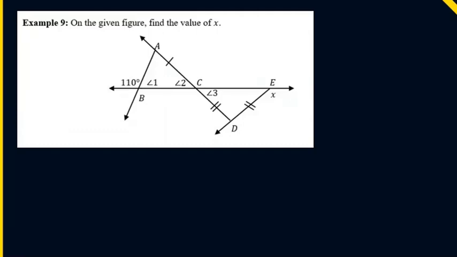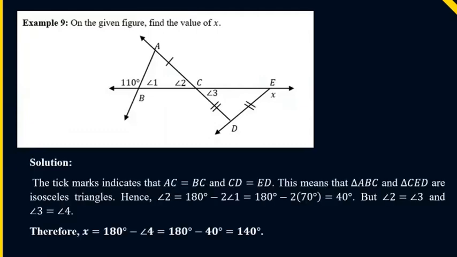Then segment CD is congruent to segment DE. So here is the solution for the given figure. The tick marks indicate that AC is equal to BC and CD is equal to ED.